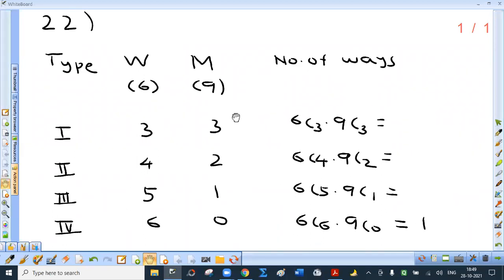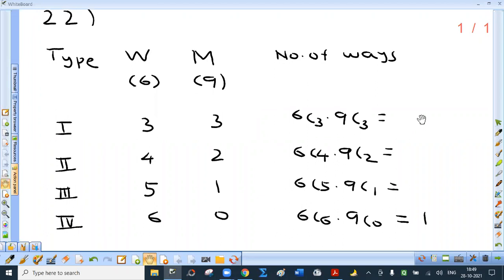Now you do one thing, you just write this. Now here we will directly write the number. Of course, calculations are to be shown. Okay. So below this, I'll do the calculation part. You have to explain only one part, like 3 men out of 9 in 9C3, 3 women out of 6 in 6C3, and so on. And then we'll directly write the number here. Okay.